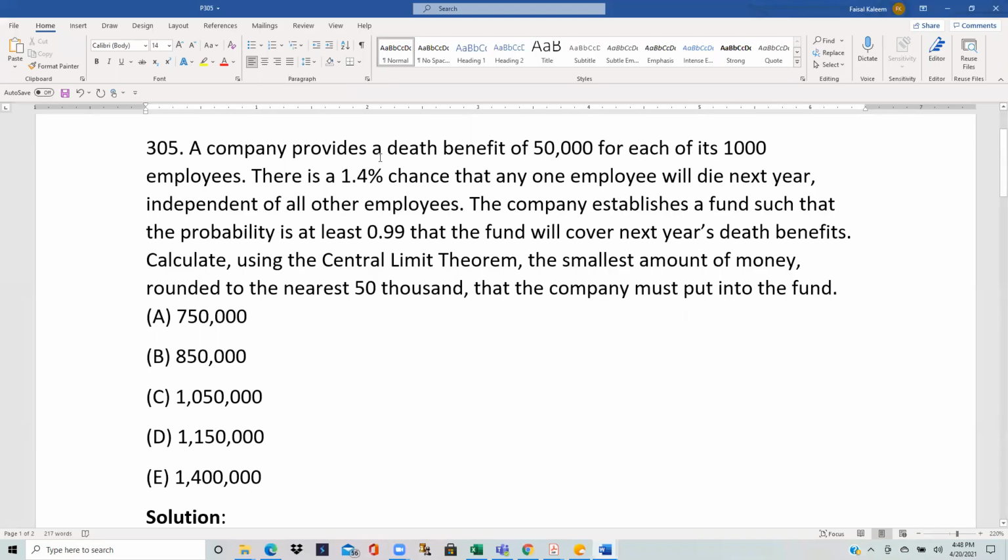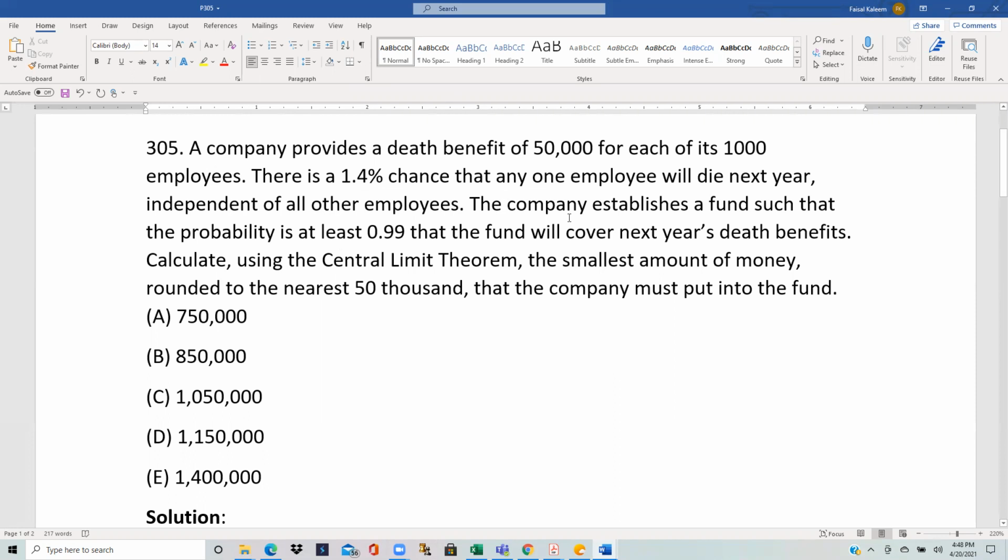A company provides a death benefit of 50,000 for each of its 1,000 employees. There's a 1.4% chance that any one employee will die next year, independent of all other employees.